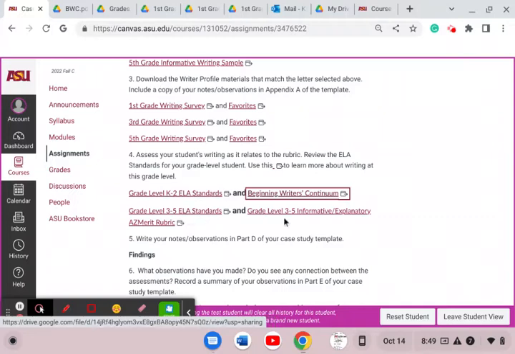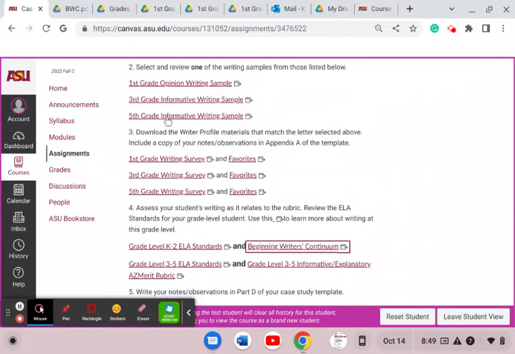So each one will have all of that. And you can see that for grades 3 and 5, this is 3 and 5, and then AZ Merit rubric. So the reason there's only 2 here is because this is K through 2nd, and this is 3 through 5. So this is correct. So this is all right here.